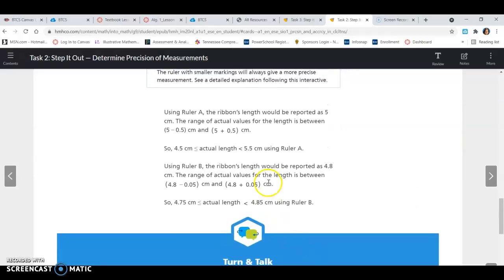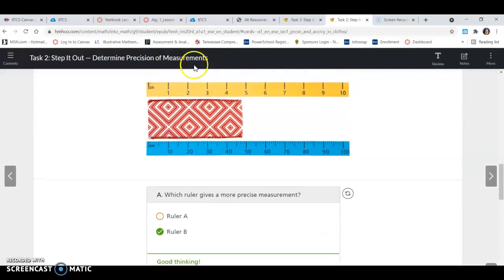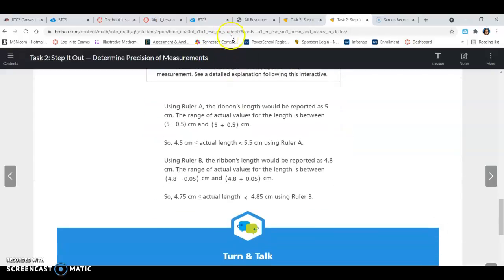Then it says using ruler A, the ribbon's length would be reported as 5 centimeters. So if you go back up here and look, it would be reported as 5 because it is closest to 5 centimeters. All right, but because that is rounded, you know that that is a margin of error.